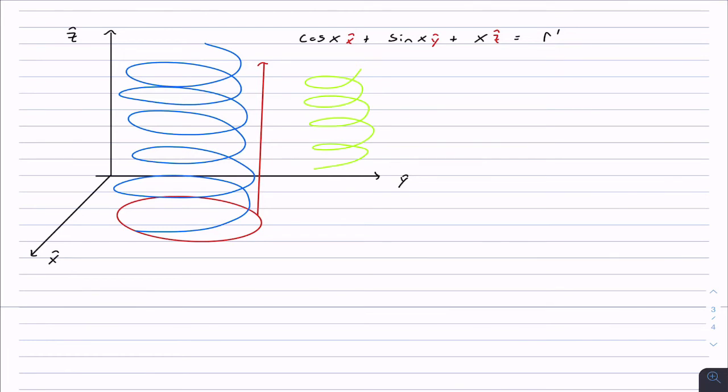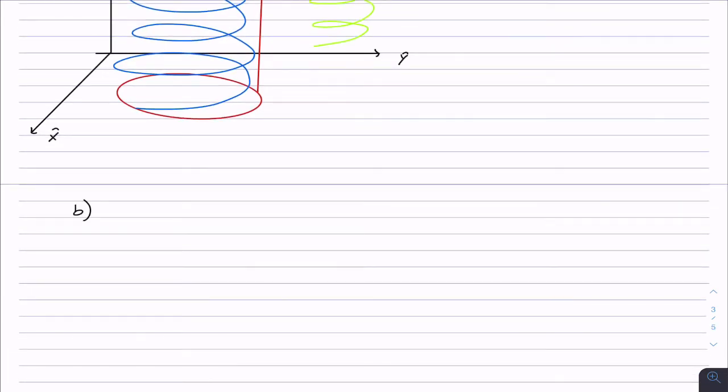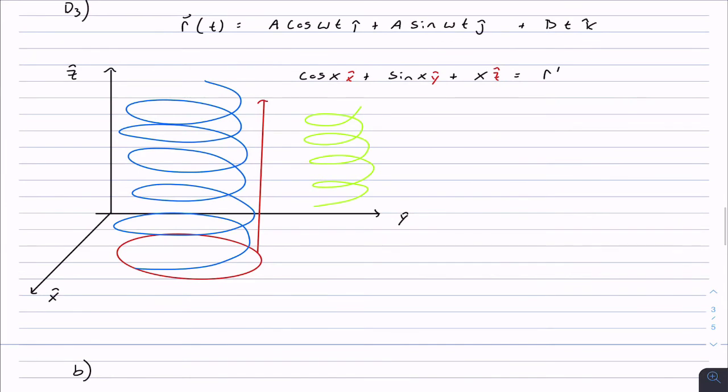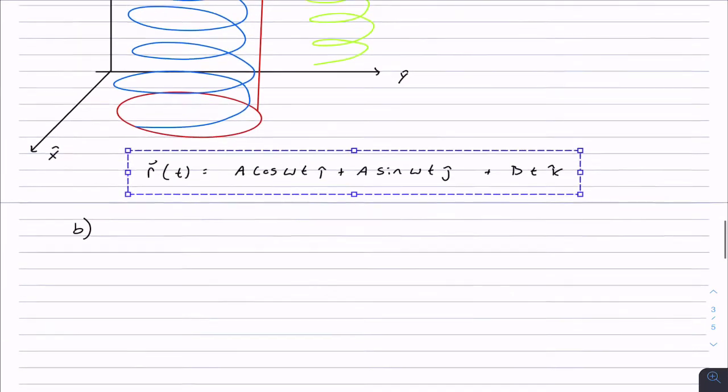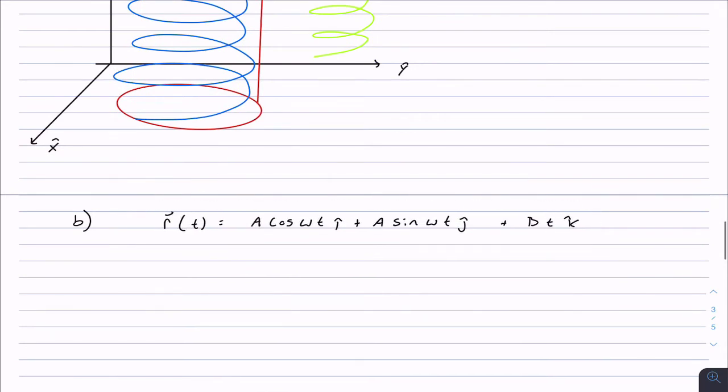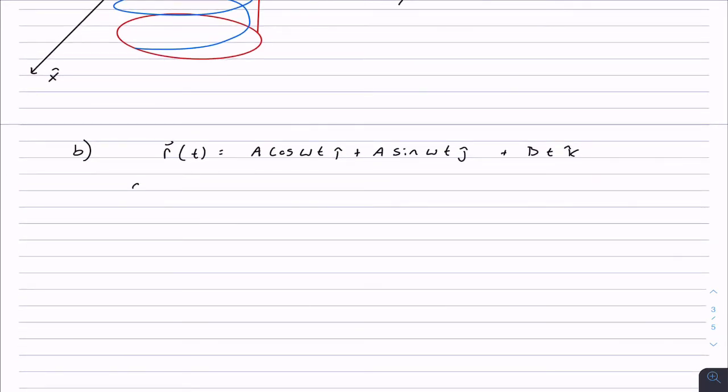Part B. Find velocity and acceleration. No problem. Here's our position function. Let's recall that dr/dt is equal to velocity. Also, dv/dt is equal to acceleration.